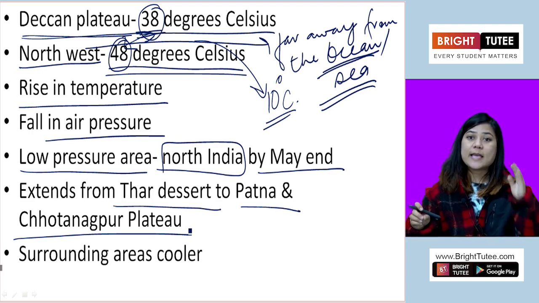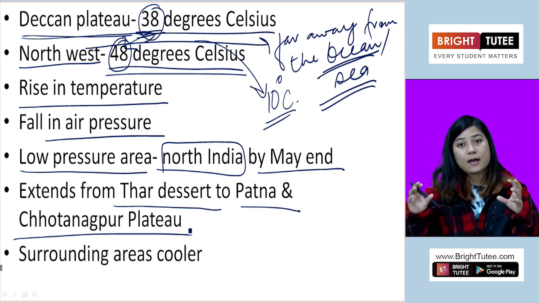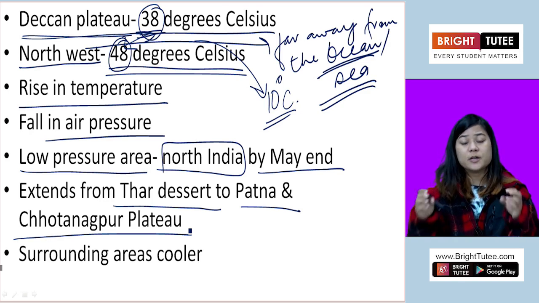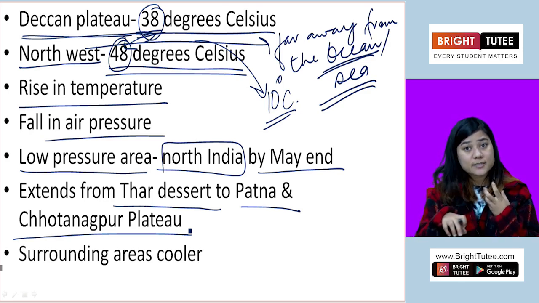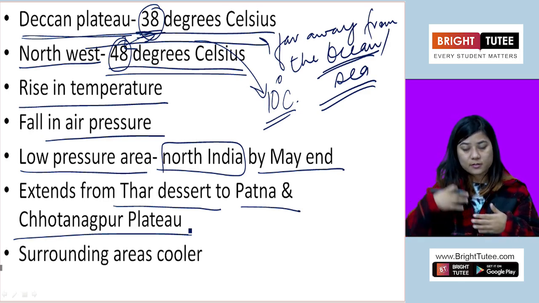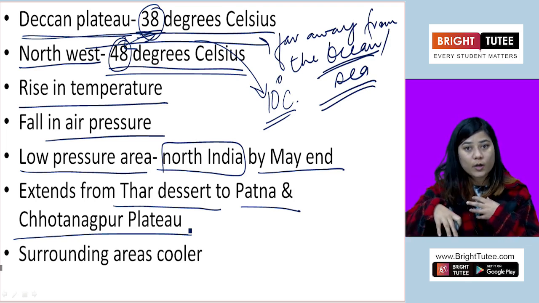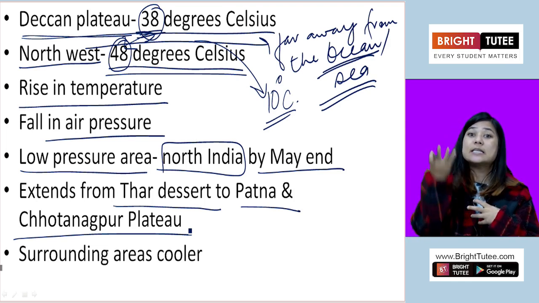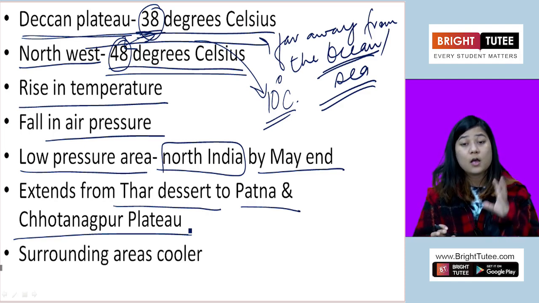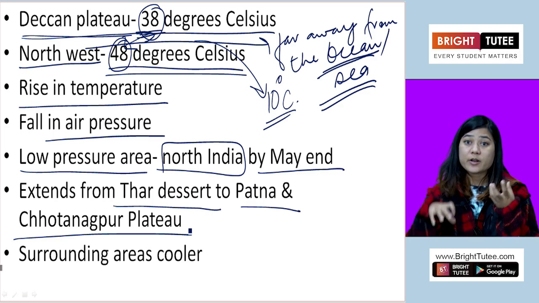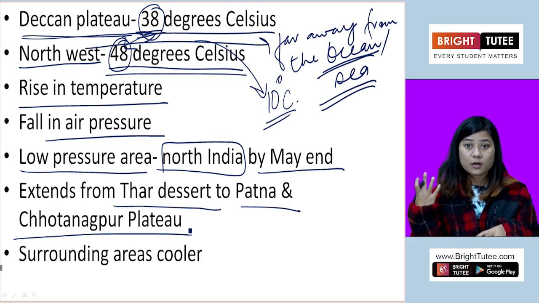This area extending from the Thar Desert to the Chota Nagpur Plateau has low pressure because the temperature is high and the air pressure is low. But the surrounding area, the area outside of it, is cooler, which means the temperature is low. That means the air pressure increases. Okay, this sounds a bit confusing, but you must remember, with the rise in temperature, the air pressure falls. With the decrease in temperature, the air pressure rises.